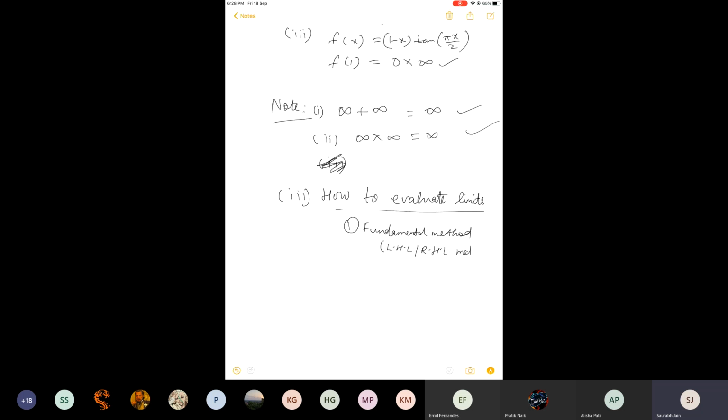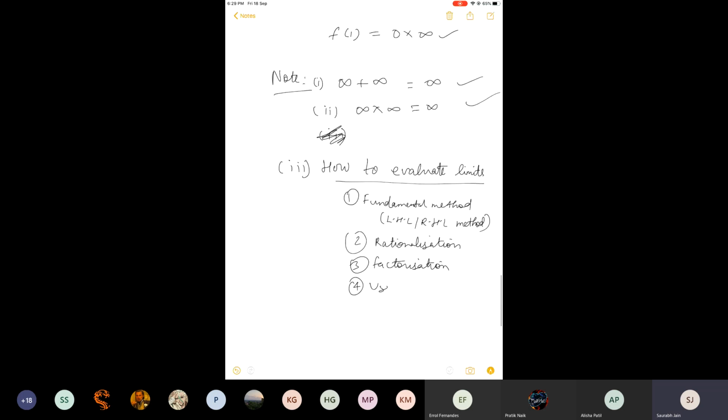Then there are some other methods like rationalization and factorization. Formulae are also there. Some formulae will be used.